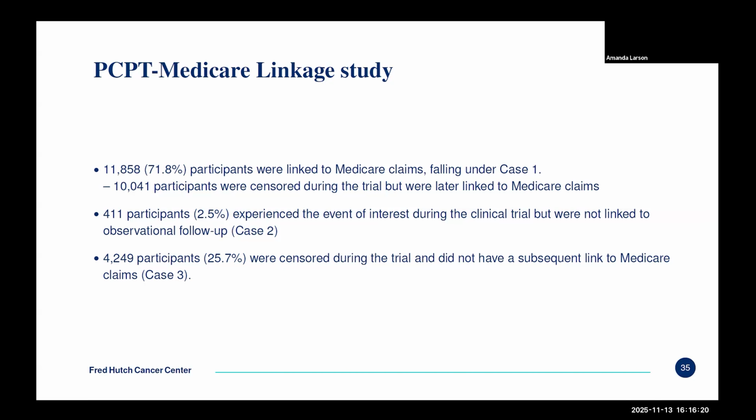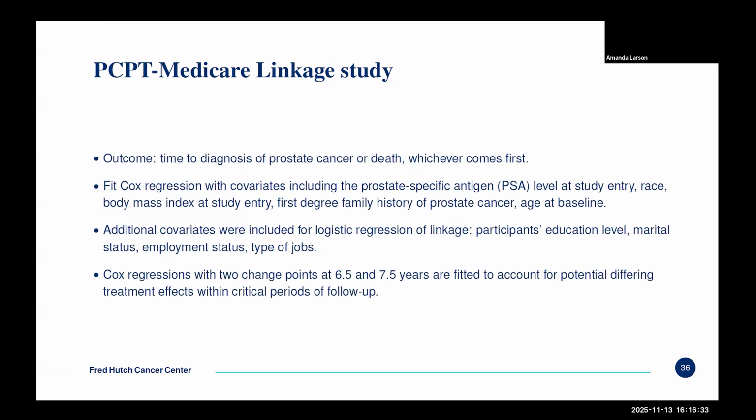And 25% were censored but did not have a subsequent linkage, so that's where we do not have information. The outcome is time to diagnosis or death, whichever comes first. We fit Cox regression with covariates like PSA and some other demographics.